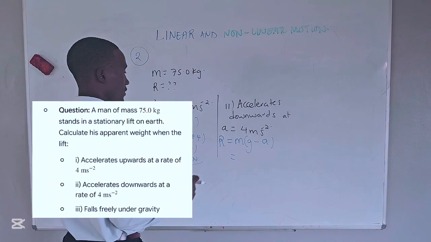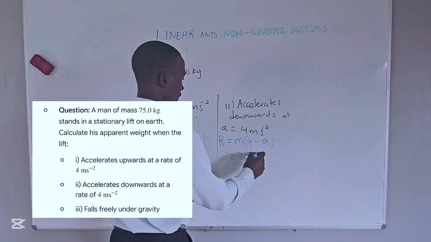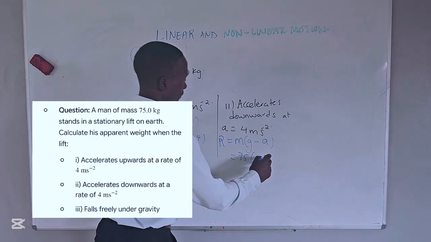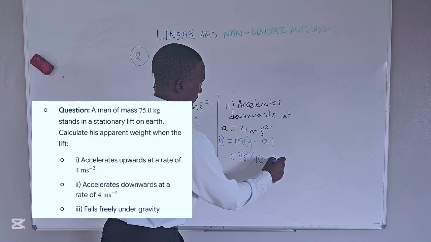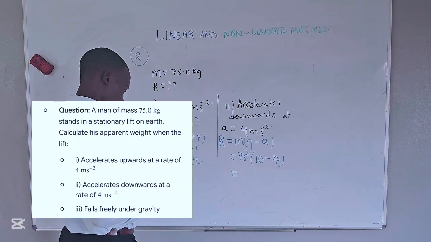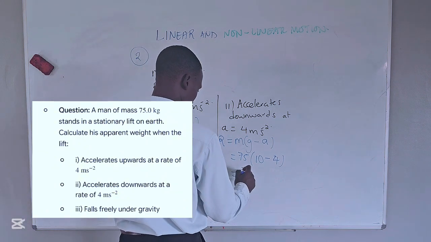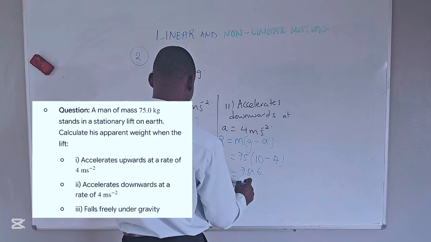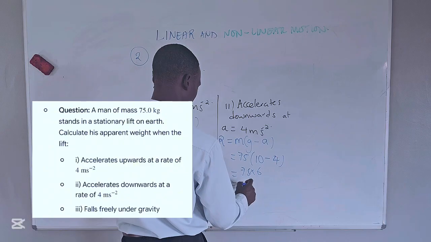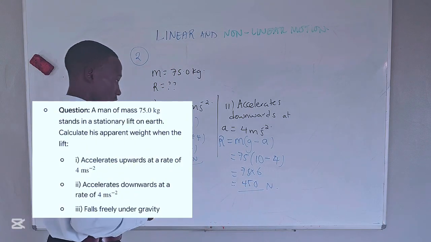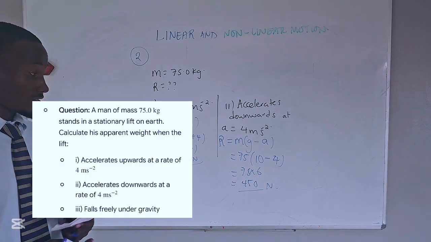In this case, this lift's mass is 75, the acceleration due to gravity is 10, and the acceleration is 4. So in this case, we are going to have 75 times 6. This is going to give us 450 newtons. You can check through and see if you're getting the same answer as mine.